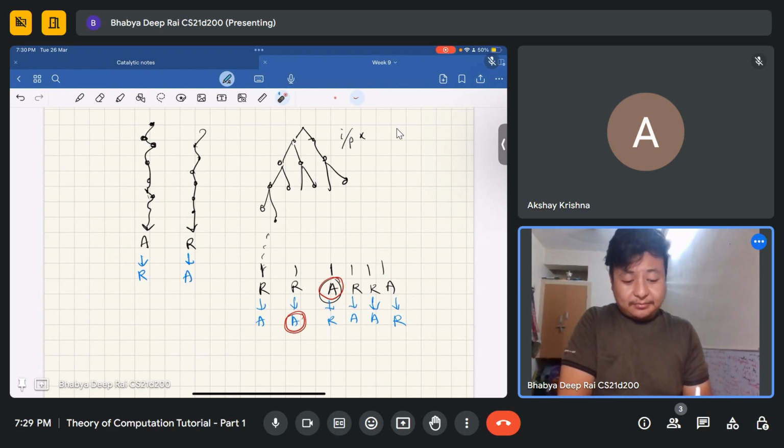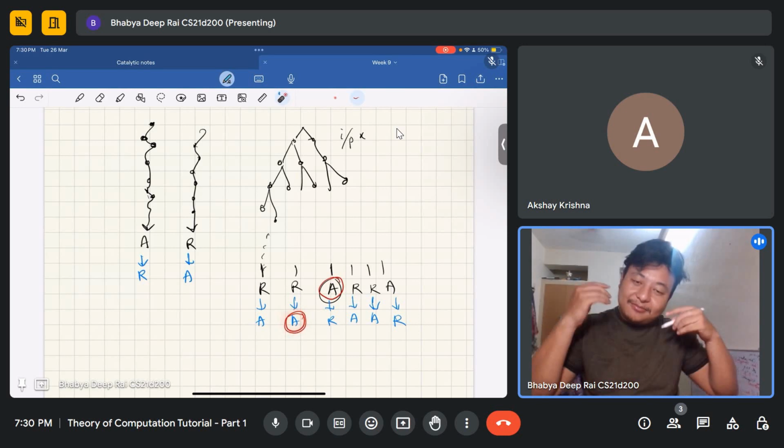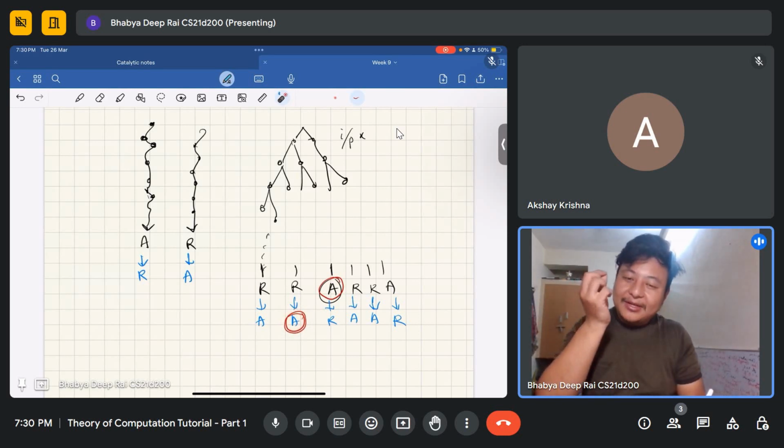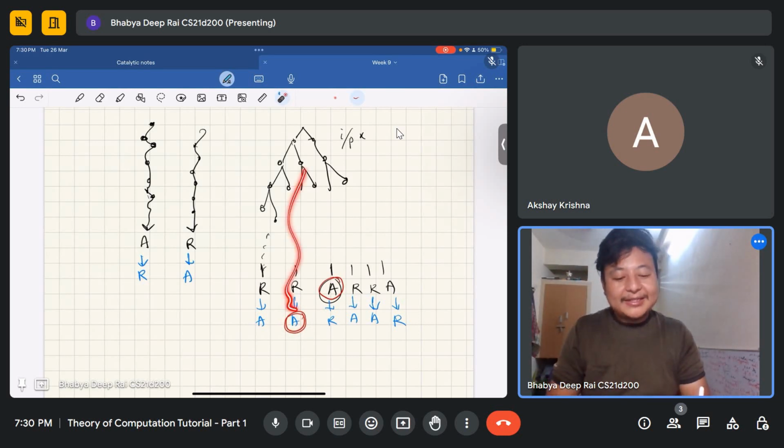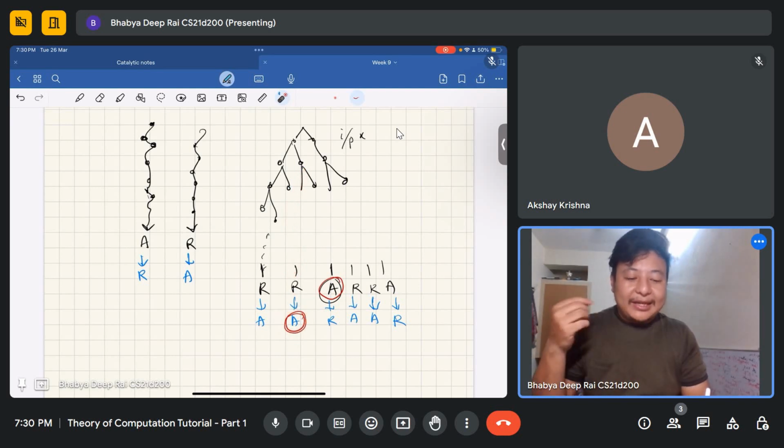Then what do I see? I still see one accepting path, and the acceptance condition is still the same. Even if there is one accepting path, I will still accept. So then I'm saying that x belongs to L bar also.